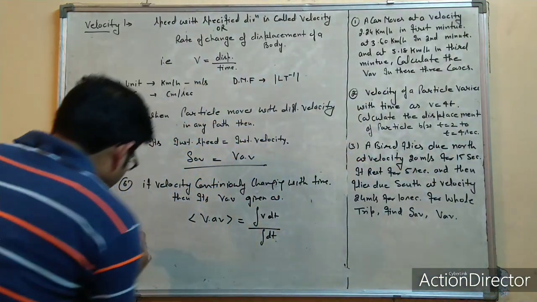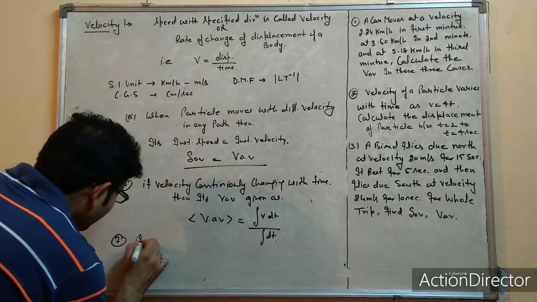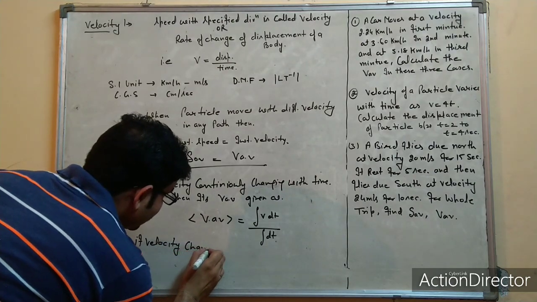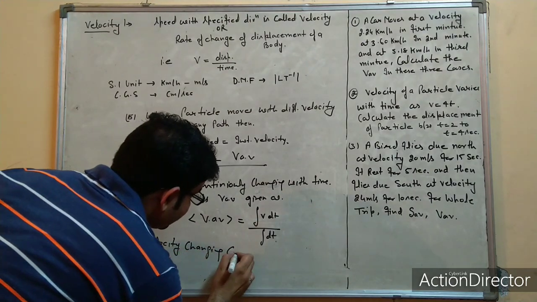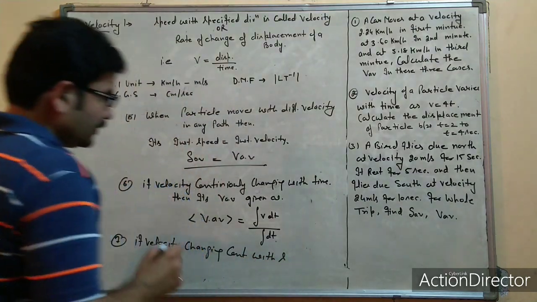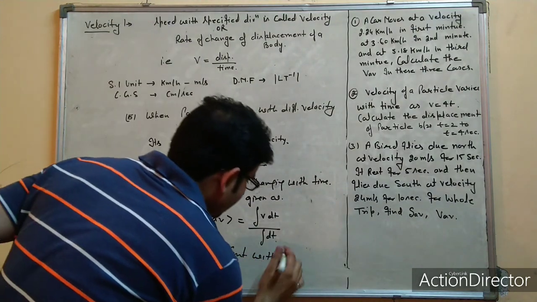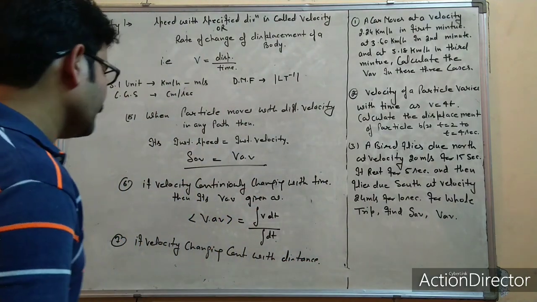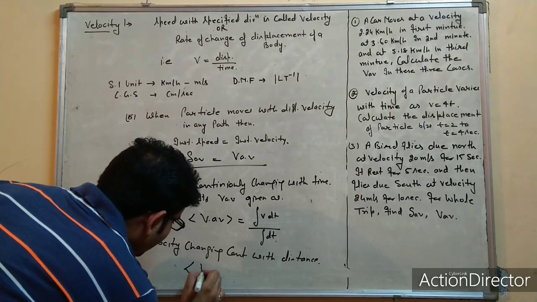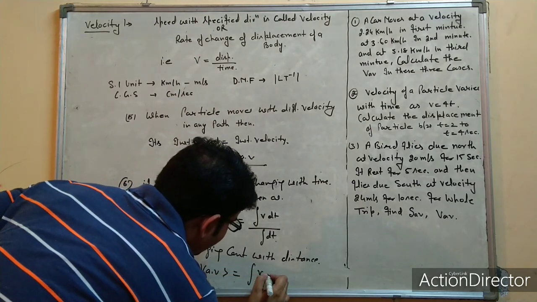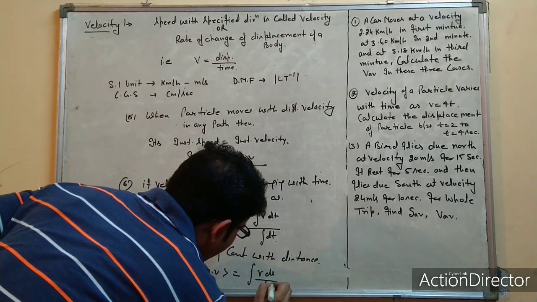But if velocity is changing continuously with distance, then the average velocity formula will be integration of v ds over integration of ds.